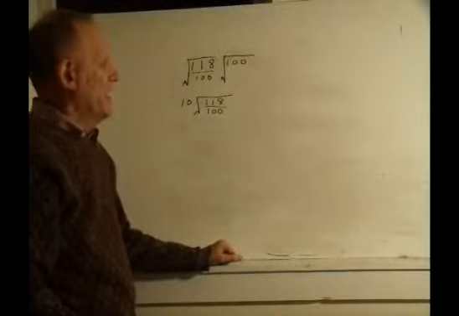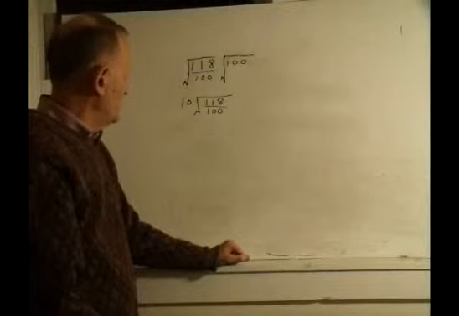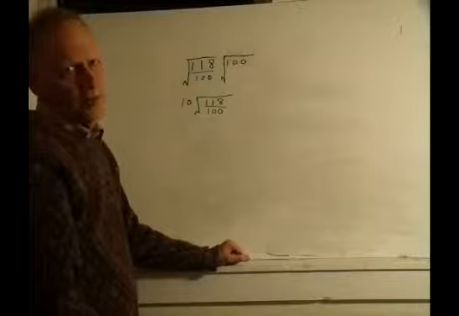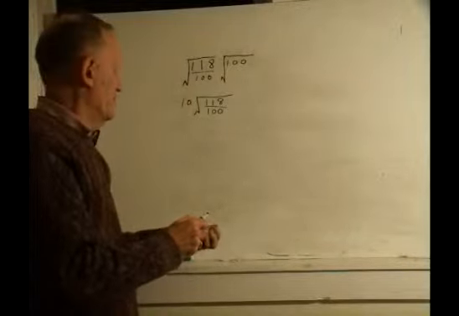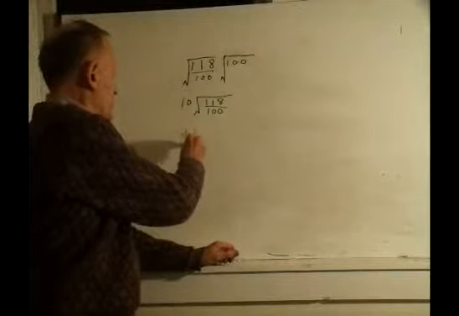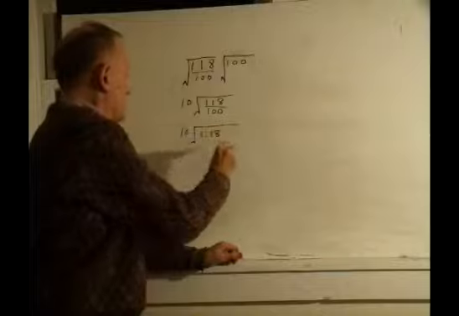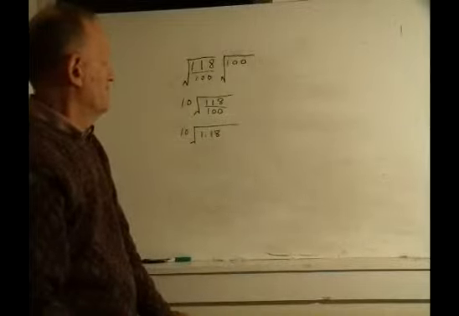What I'd like to do now is actually carry out this division. And if I carry out that division, I think it just comes out to 1.18. So I don't even have to carry out that division. I'll have 10 times the square root of 1.18, and we're right there.